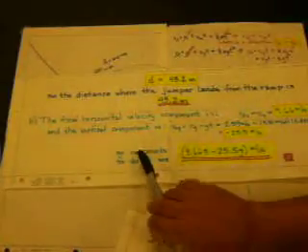Now for part B, the final horizontal velocity component is v final x equals v initial x, which is 9.66 meters per second, which we've got right here from the beginning. And the vertical component is v final y equals v initial y minus g t, which is 2.59 meters per second minus 9.8 meters per second squared times 2.88 seconds, which is equal to negative 25.5 meters per second.